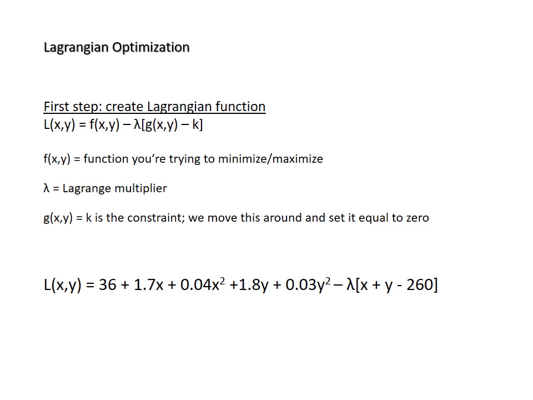So we say g of x, y minus k is equal to 0, and that's what we put inside those brackets. Since our original constraint was x plus y is equal to 260, we're bringing the 260 over to the same side of the equation as x plus y, and it takes a minus value, and then setting that whole thing to 0, and that's what goes in the brackets.